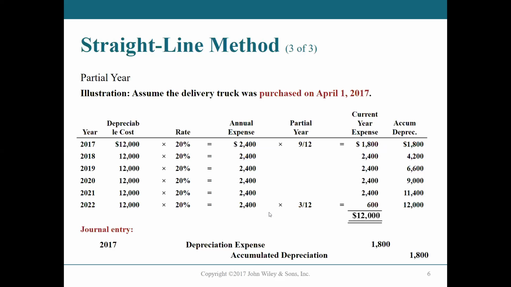And then in the last year, they'll just do the first 3 months, January, February, and March of that last year. So it still ends up doing a whole 5 years worth of depreciation, but it accounts for the fact that we didn't start in January, so it was a partial year at the beginning and a partial year at the end.